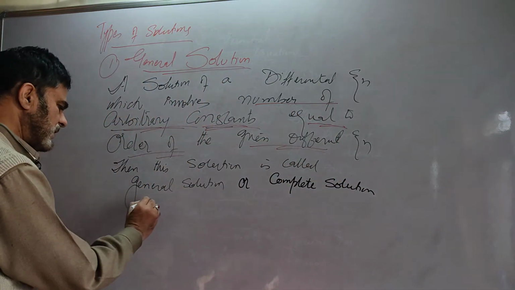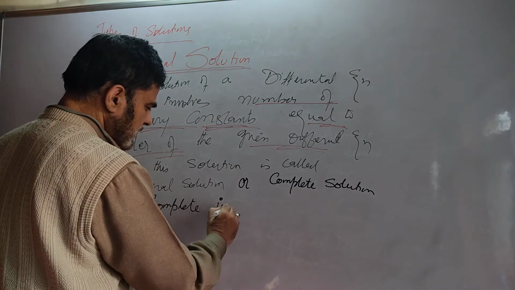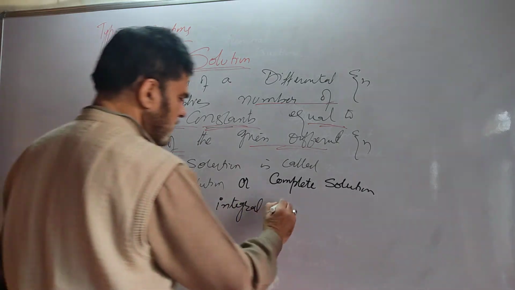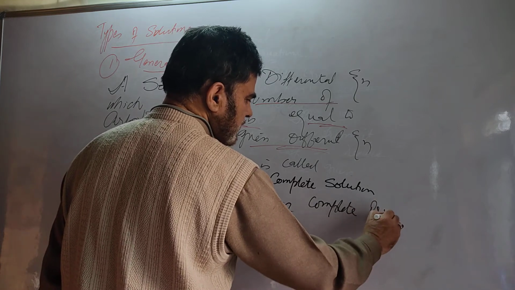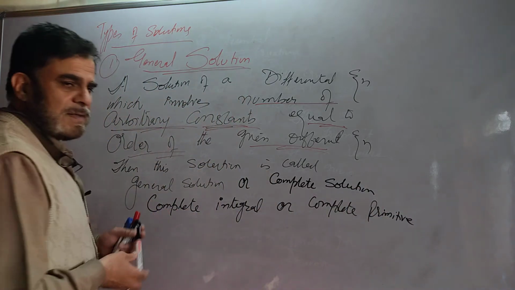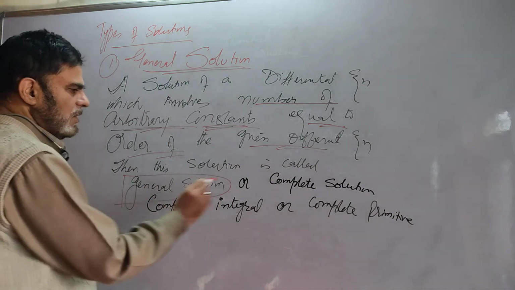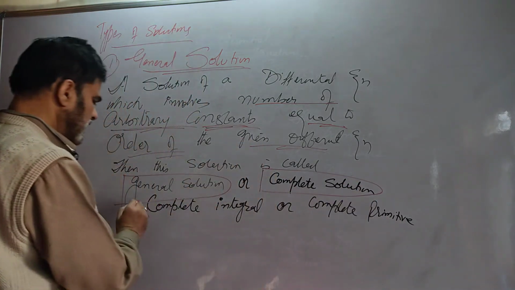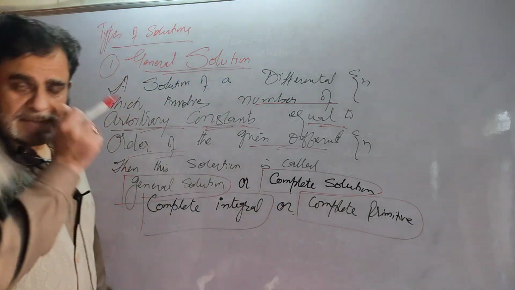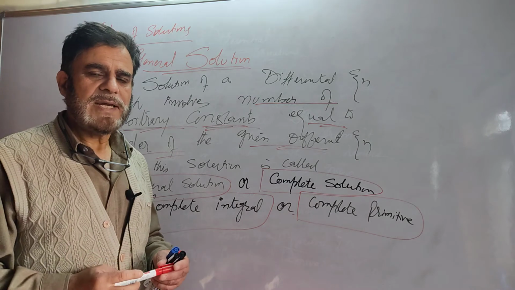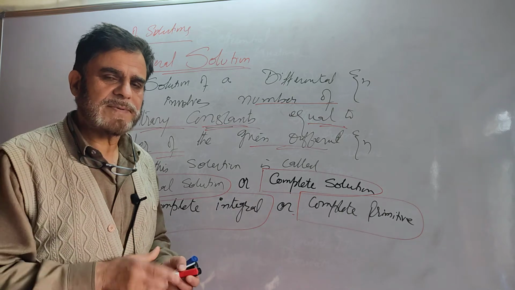We sometimes also call it complete primitive, complete integral, or complete primitive. Remember this. General solution or complete solution, it is one and the same. Complete integral, one and the same. Complete primitive, one and the same. But it has a peculiar property that it should involve the number of constants equal to the order of the differential equation.